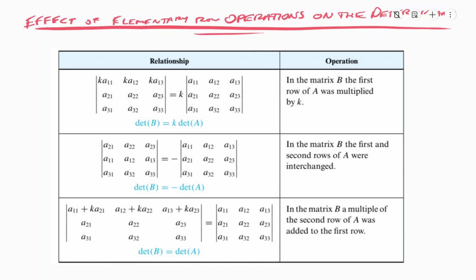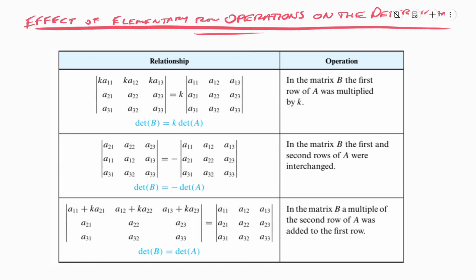So if we multiply one row of our original matrix by a constant, then the determinant will change, and you have to multiply the original determinant by the constant. So that's our first elementary row operation.